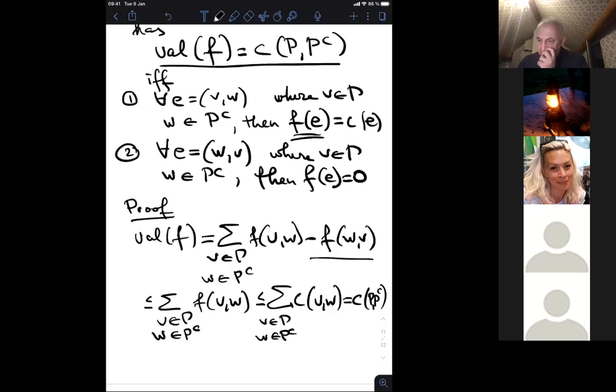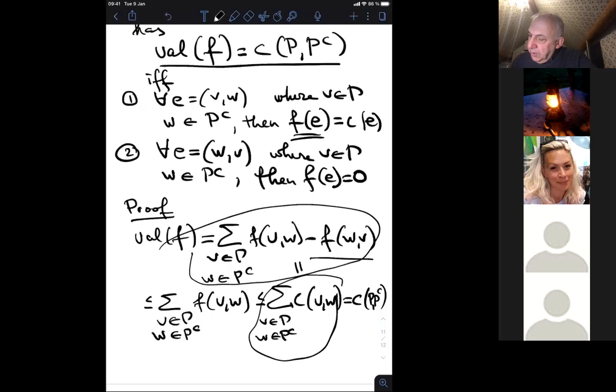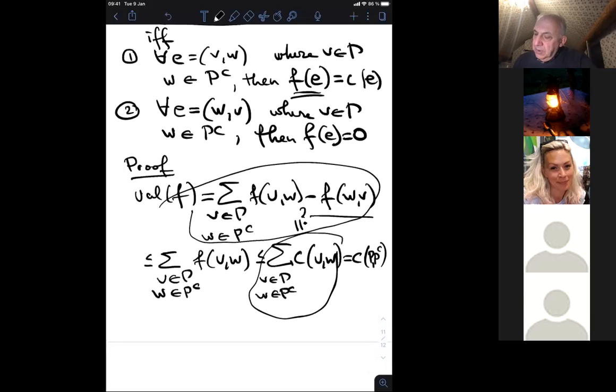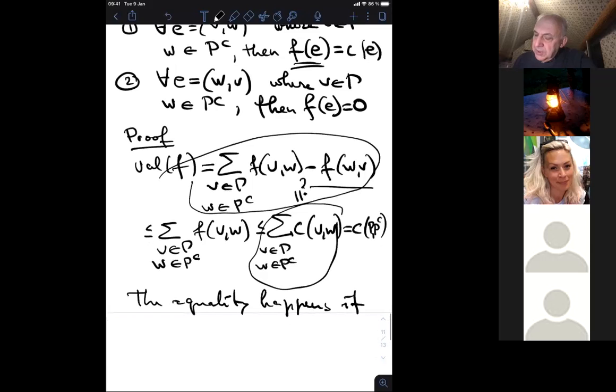Now, when do I have that this part equals that part? When does it happen? If we look at these things, we see that it only happens if for all edges going from P to P complement, the flow is equal to the capacity. So the equality happens if two conditions are satisfied.